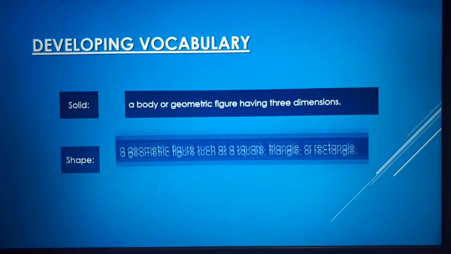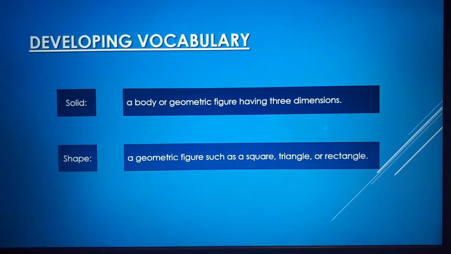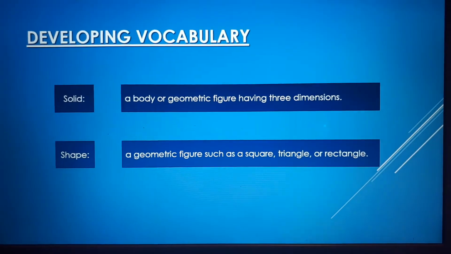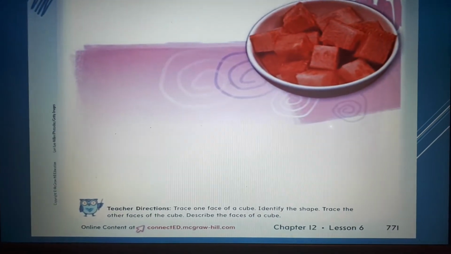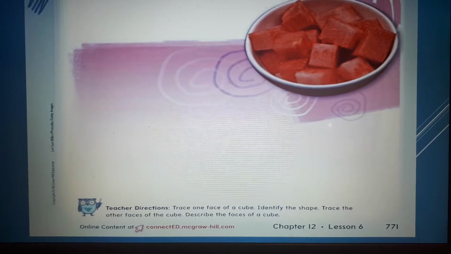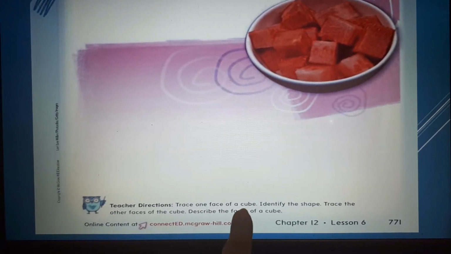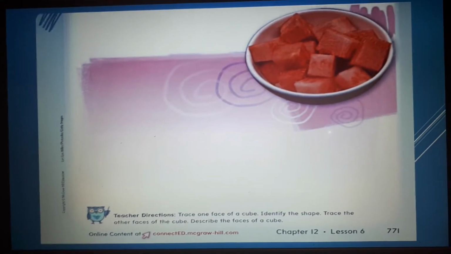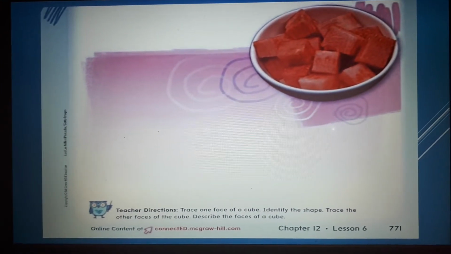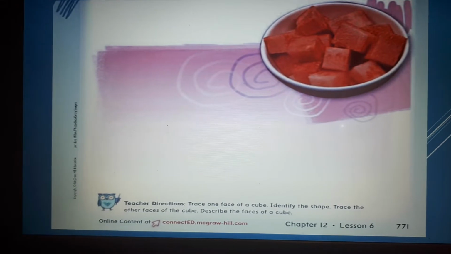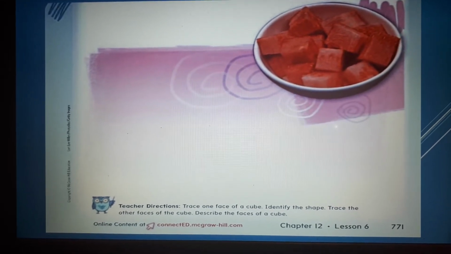Shape is also a geometric figure such as a square, triangle, or rectangle. Now, let's open the book page 771 and draw the cube together. Come on, where are your pencils? Show me your pencil and let's draw together.